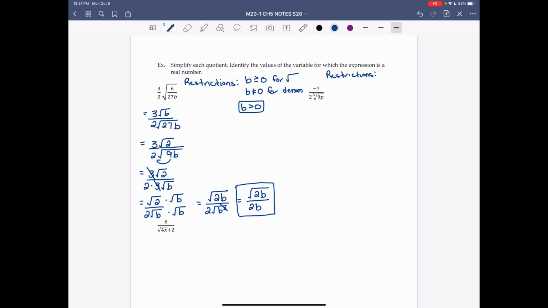No problem there. But we also have p on the bottom of a fraction. If p equals 0, this whole denominator, 2 cube root 9p, is going to equal 0. So we'd have to say that p cannot equal 0.